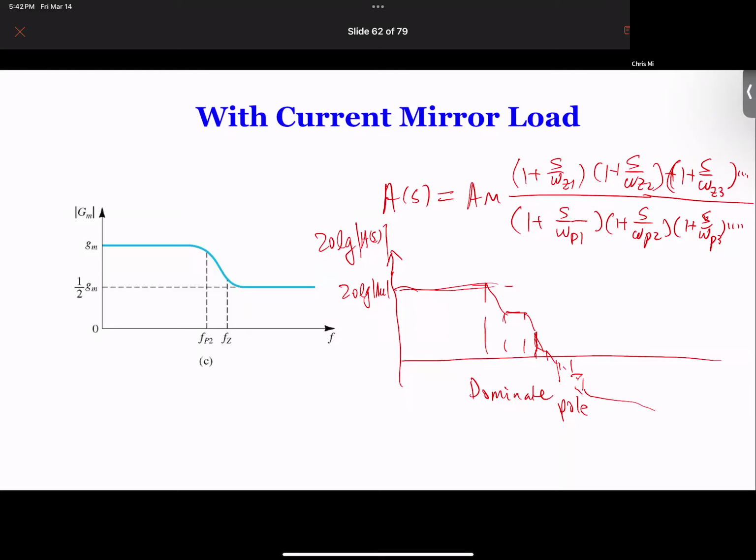If this is say 1 megahertz, your operating frequency should be 100 kilohertz or below. Otherwise, it's going to get close to here. It's not good. So this is what we mean by the dominant pole so far. You get many poles, and we only care about this one. But what happens with this range?